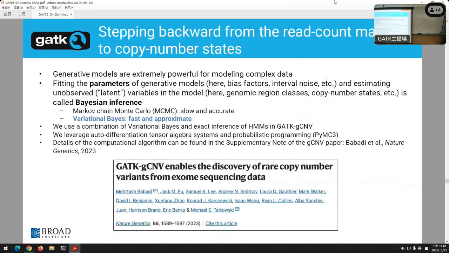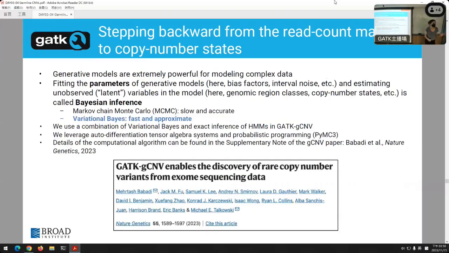Okay, almost done with the math. So now we have used this generative framework to describe the relationship between our underlying parameters, genomic interval class, copy number state, all of these latent bias factors, and our observed data, which is that read count matrix.